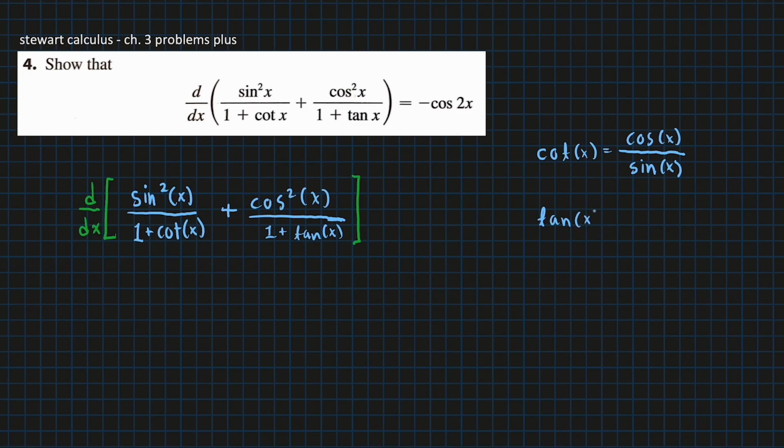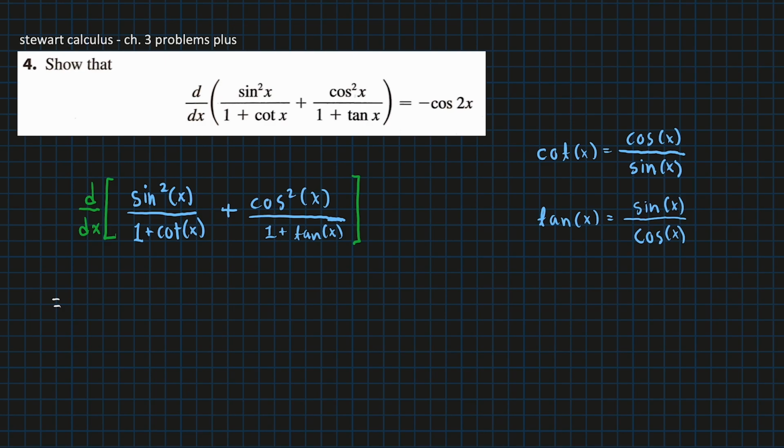So tangent of x is equal to sine of x divided by cosine of x. I know it'll make our expression look a little messier if we plug it in, but it'll work out because we're going to manipulate the 1 later. So let's plug this in for cotangent of x and tan of x.